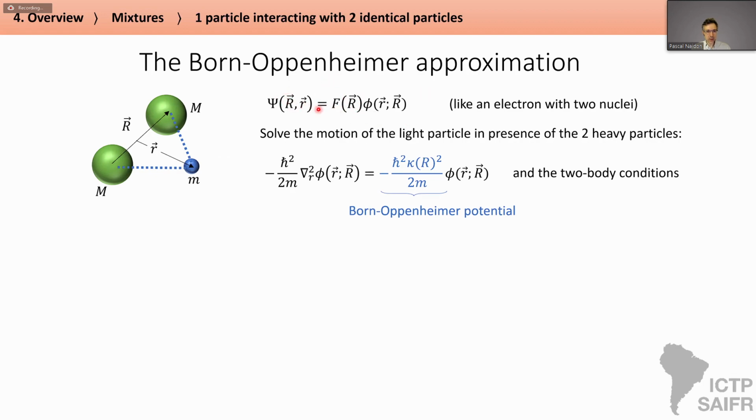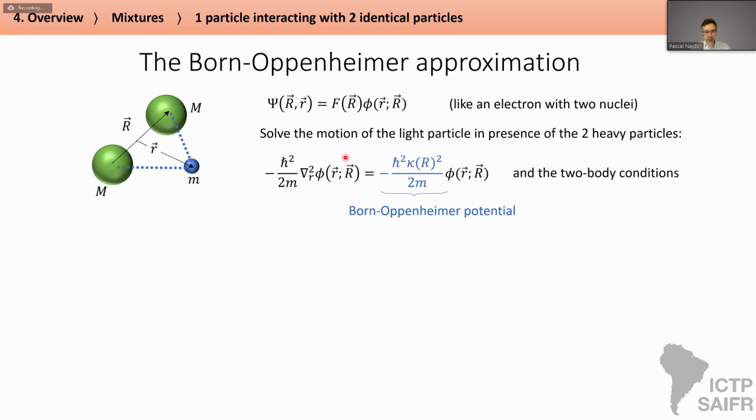So we assume that the wave function factorizes into the wave function for the heavy particle and a wave function for the light particle, but that is calculated in the presence of the heavy particles. So this is exactly what we do in atomic physics for example, an electron with two nuclei. So first, we solve the motion for the light particle in the presence of the two heavy particles.